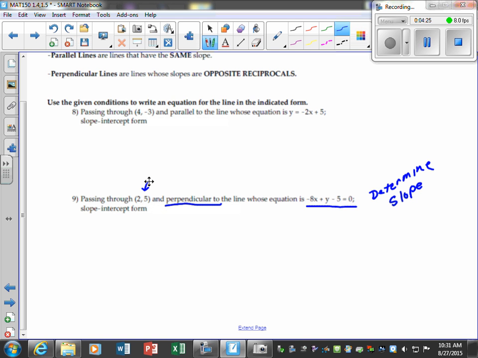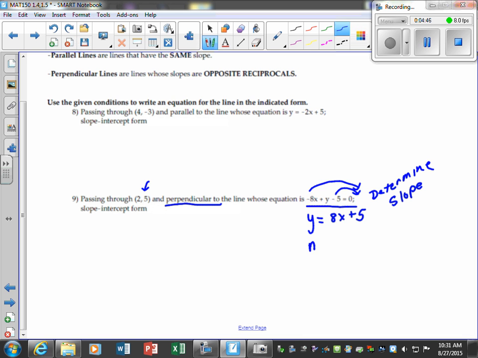So let's solve for y and put this in slope-intercept form. So if I add 8x to both sides, that would give me y is equal to 8x plus 5, moving the 8x and the 5 to the other sides as when solving equations.